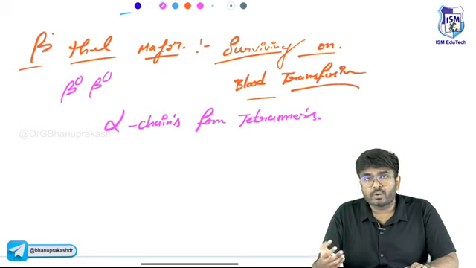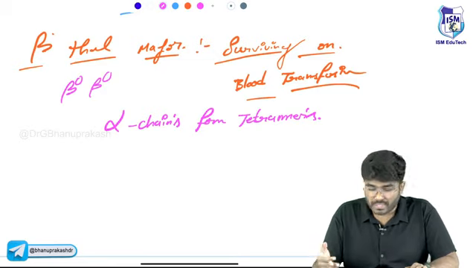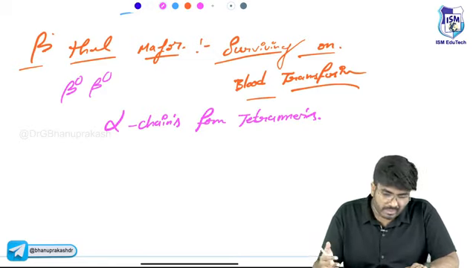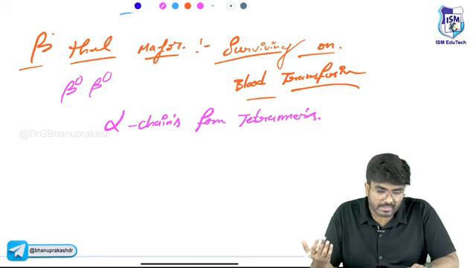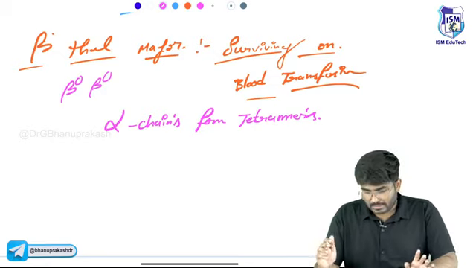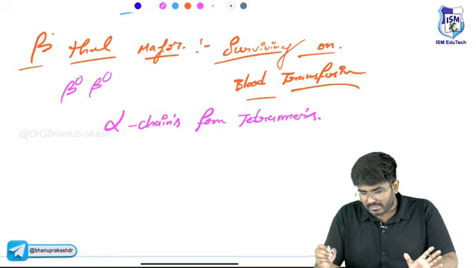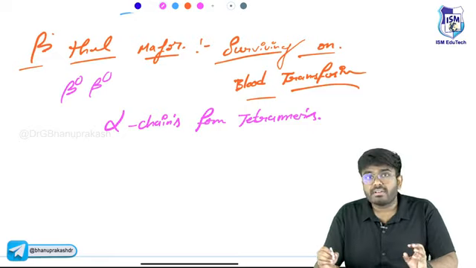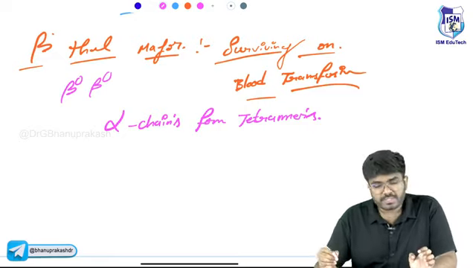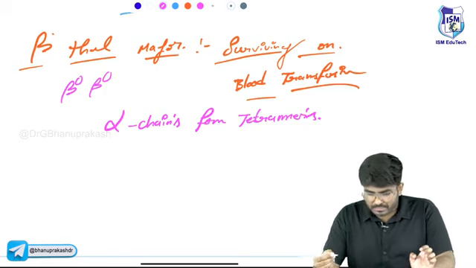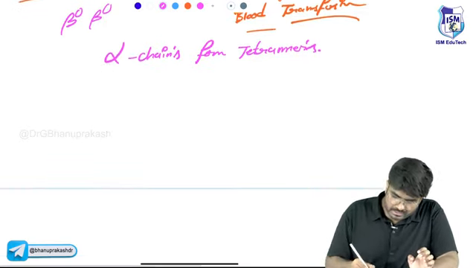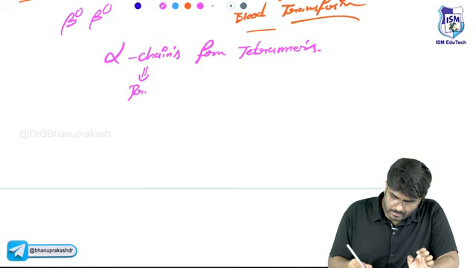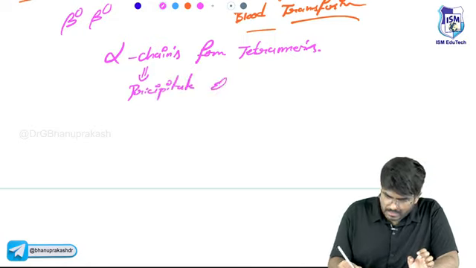The RBCs are going to undergo extravascular, sometimes even intravascular hemolysis. Let me put it this way: the alpha chains will precipitate and cause damage.